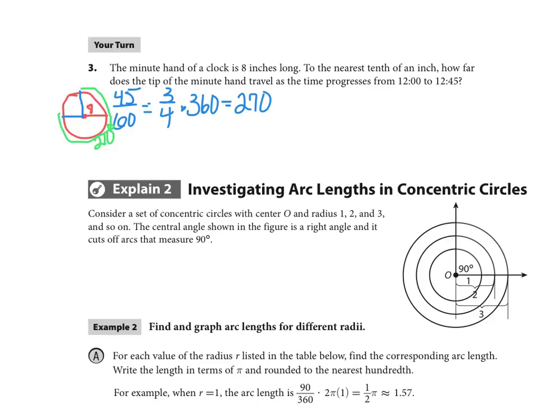So my arc length equals 270 over 360 times 2 pi r, which is 8. And when you put that in your calculator, we can find out that it's 37.7 inches.